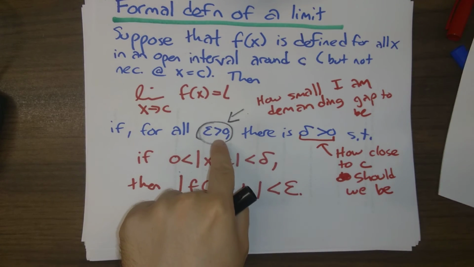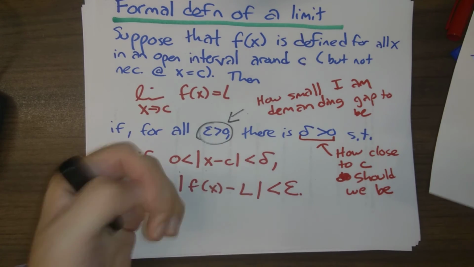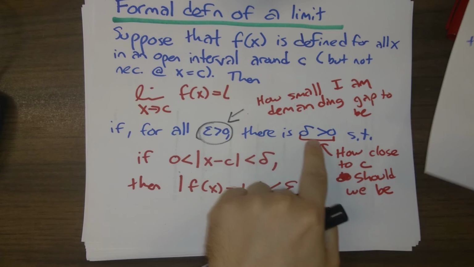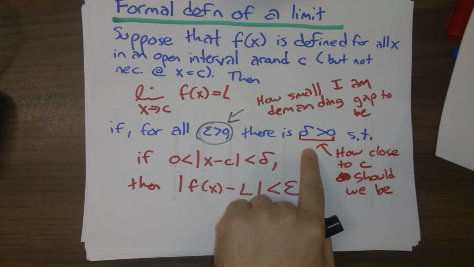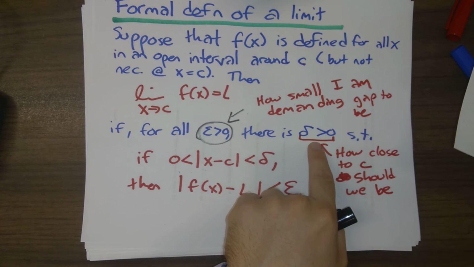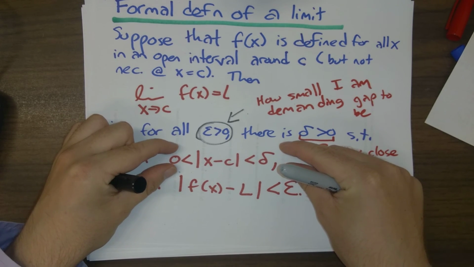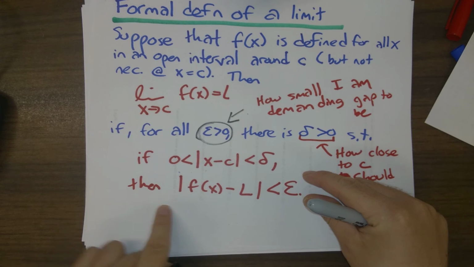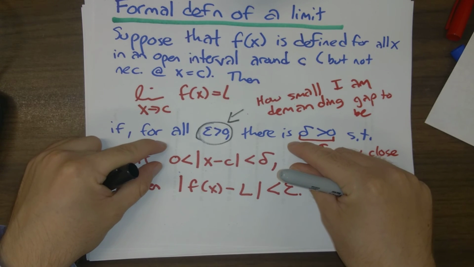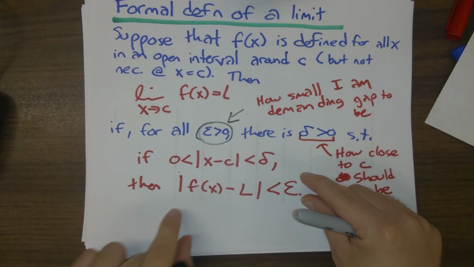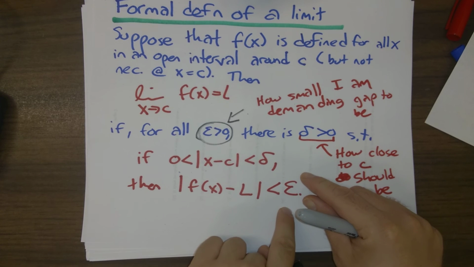So for every choice of how small we're demanding that gap to be, we can say this is how close to c we have to be. Here's where we're saying this is how close to c we have to be, and this is where we're saying the conclusion: if we're this close to c, then our gap condition is small enough.